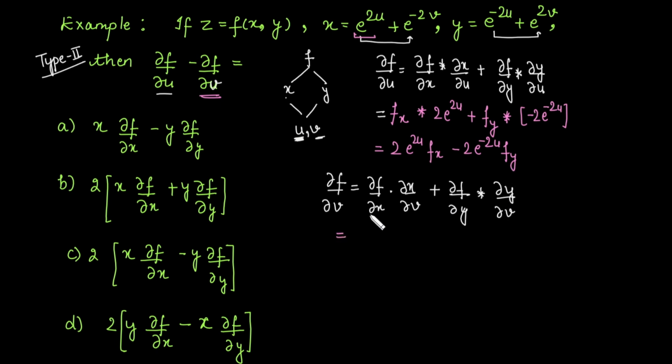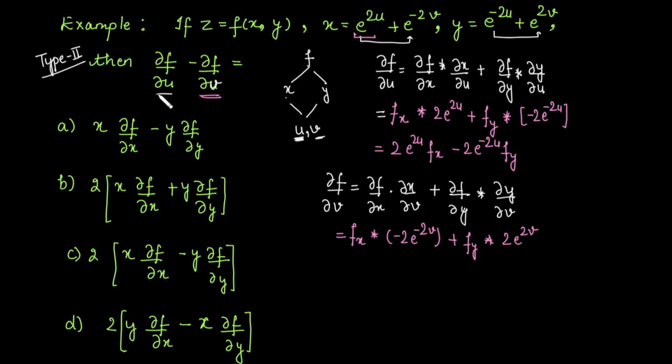This is equal to, as this function is not given to you, we will keep it as it is, into the partial derivative of x with respect to v. So this term is 0. Its derivative with respect to v is minus twice of e raised to power minus 2v, plus the function as it is, into the partial derivative of y with respect to v, that is twice of e raised to power 2v.